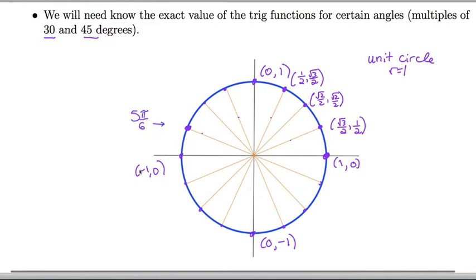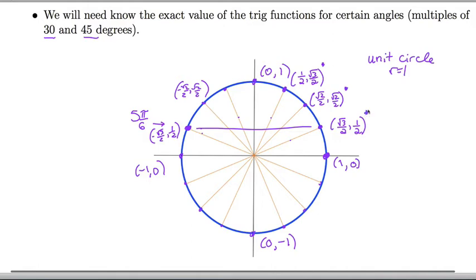It has the same y value as 30 degrees, and it has the same x value too, except it's on the negative side. So the coordinates of this point are negative root 3 over 2, comma, 1/2. Similarly, this one here is negative root 2 over 2, root 2 over 2. And you can do that for any of the other multiples of 30 or 45. So again, just needing to remember these 3.